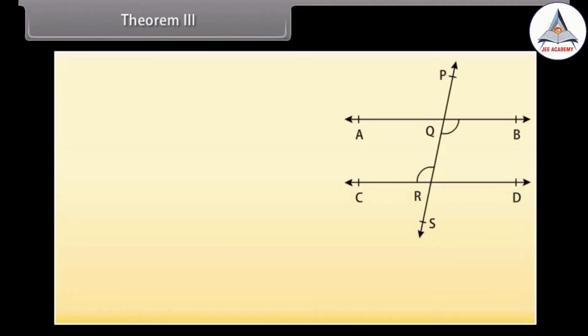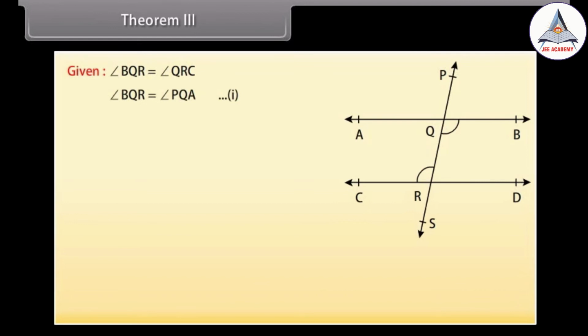Theorem III. Now using the converse of the corresponding angles axiom, we can show the two lines parallel if a pair of alternate interior angles is equal. Come, let us check. Here the transversal PS intersects line AB and CD at points Q and R respectively such that angle BQR is equal to angle QRC.